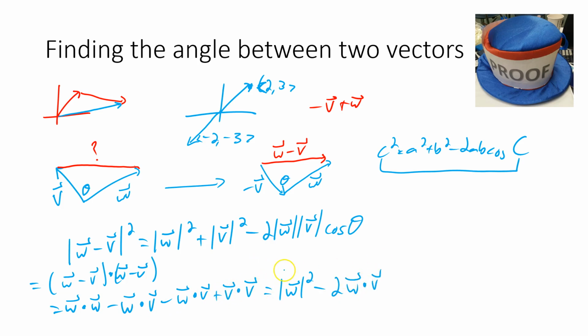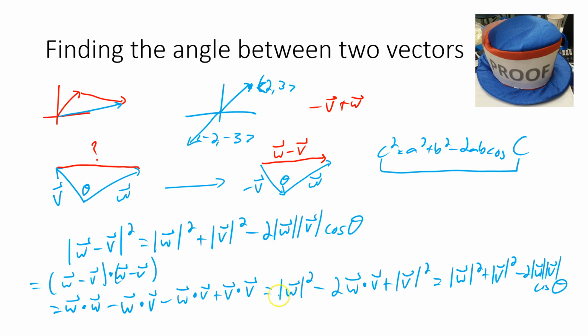And then we have plus v dot v, which is magnitude of v squared. So we keep using this property that if you dot a vector with itself, it makes the magnitude squared. And that is equal to magnitude of w squared plus magnitude of v squared minus 2 magnitude of w, magnitude of v, cosine of theta.